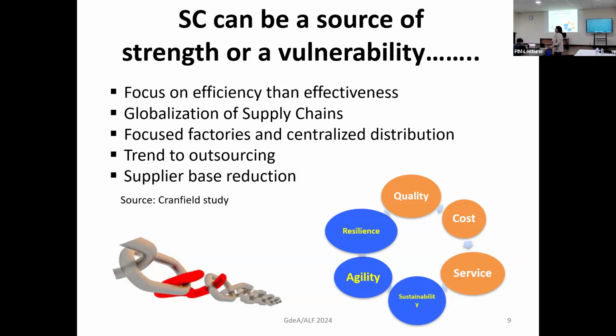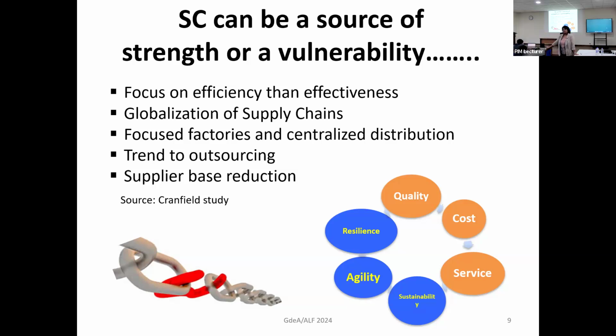And also you have to look at resilience. So what do you mean by resilience? Ability to withstand any disruption. How robust your supply chain is, right? So you need to now look at all these three things, in addition to your basic things that you used to look at: quality, timeliness or availability, and also cost.